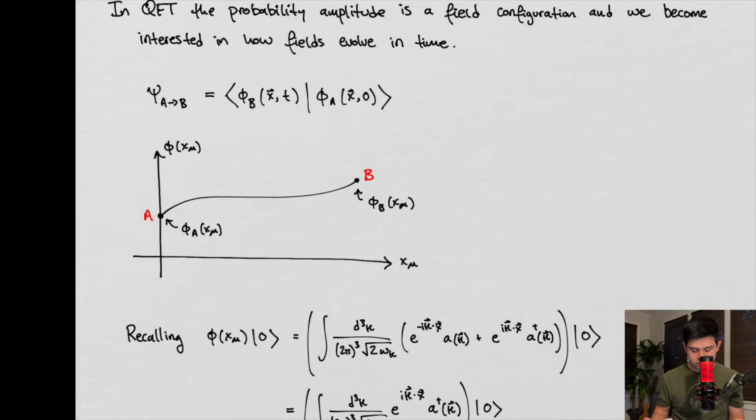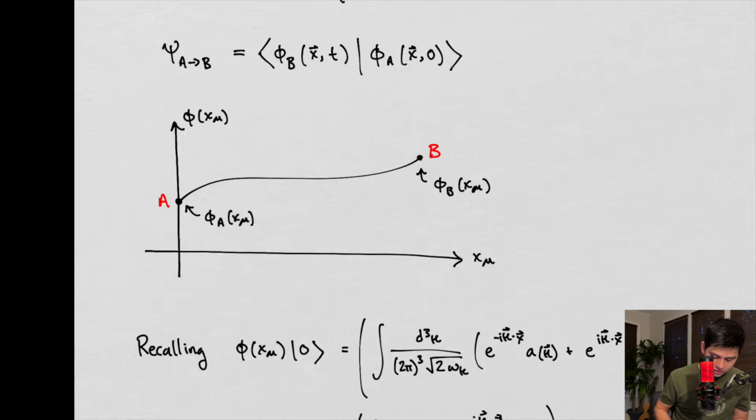Again, the space-time point is going to help us define exactly what A and B are, but these are two configurations. This is the initial and this is the final. Pictorially, we can understand this as A going to B, where we have a field configuration at point A, and we have a field configuration of B at this new space-time point.